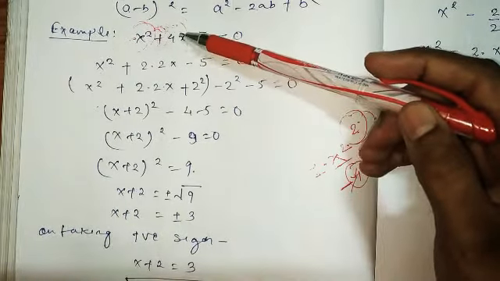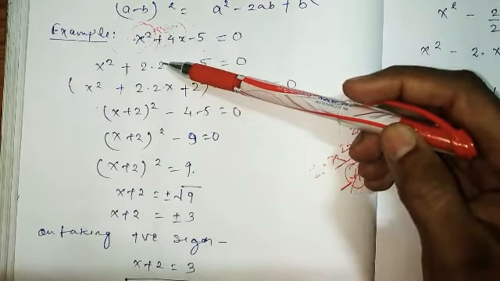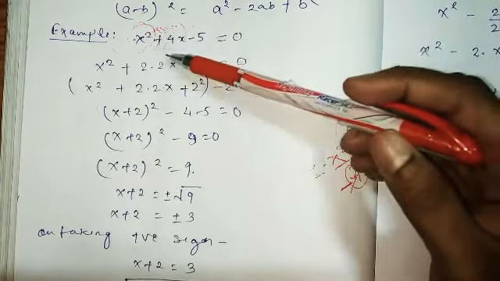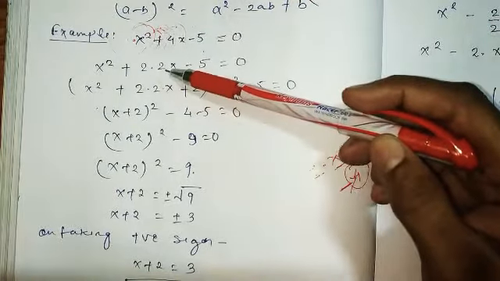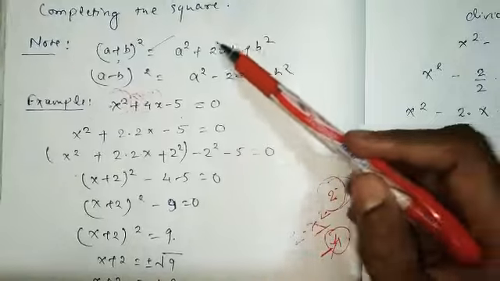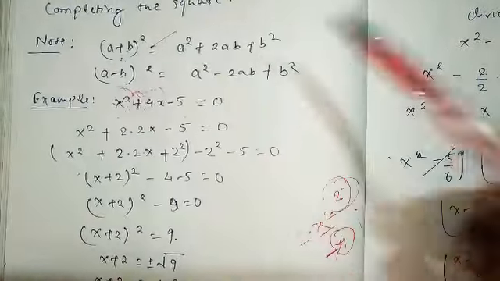I can write this number 4 like 2 into 2. There is nothing wrong with it, but we write it like 2 into 2 because we are to make the whole square formula, a square plus 2ab plus b square.